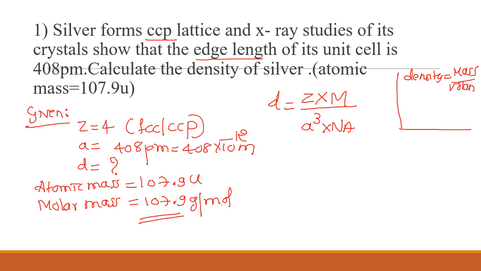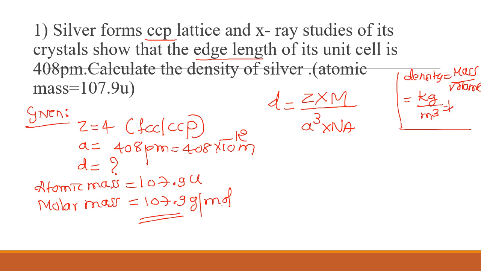So what is the unit of density? If mass is measured in kg and volume is in meter cube, volume in the case of solids is length into breadth into height. If all three sides are measured in meters, meter into meter into meter, then the volume is meter cube.